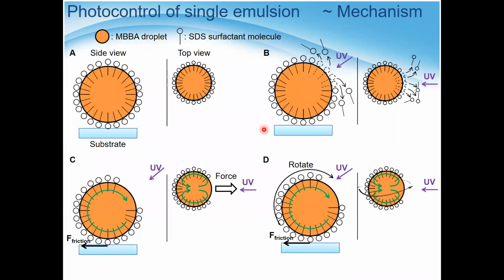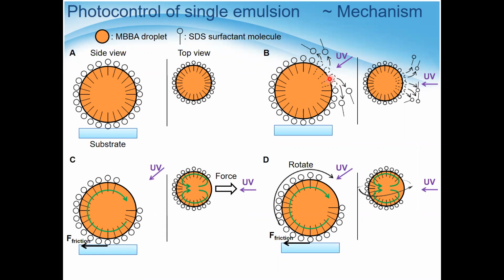So finally, we consider the mechanism of this motion. Here's a side view and the top view. We need some sort of oblique angle irradiation. And then on one side, the surfactant and liquid crystal were dissolved and solubilized.